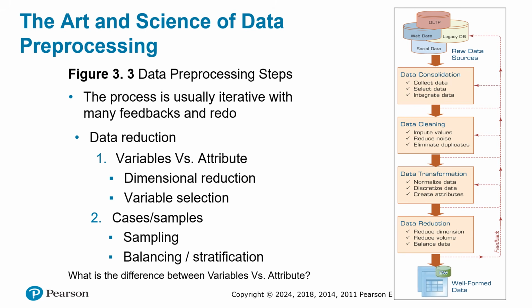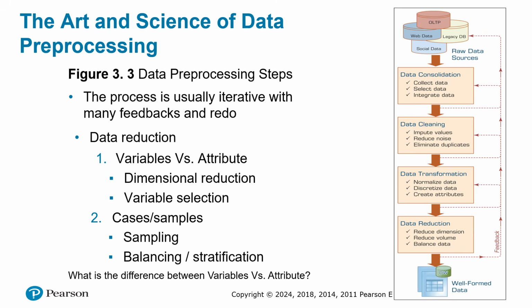The data is coming from different sources, and you are collecting, selecting, and integrating the data. In this stage, you need to understand very well what a variable is and what an attribute is. A variable is related to numerical collection, while an attribute is non-numerical.